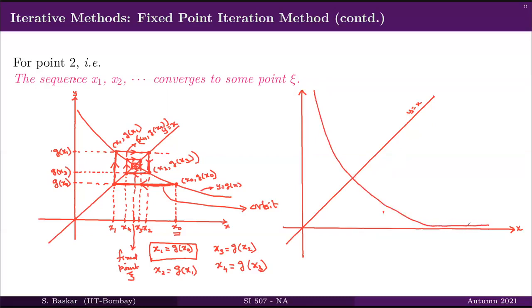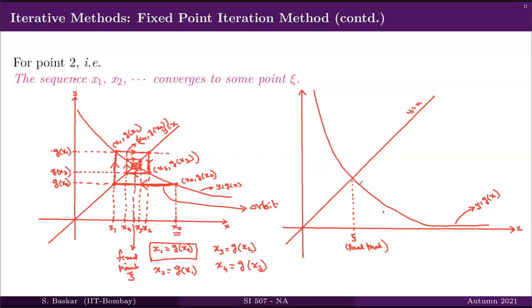Just guess what is the key idea that is going in my mind while drawing this graph. As usual, the point of intersection of the graph y equal to g of x and the line y equal to x is a fixed point of the function g, which is given here.